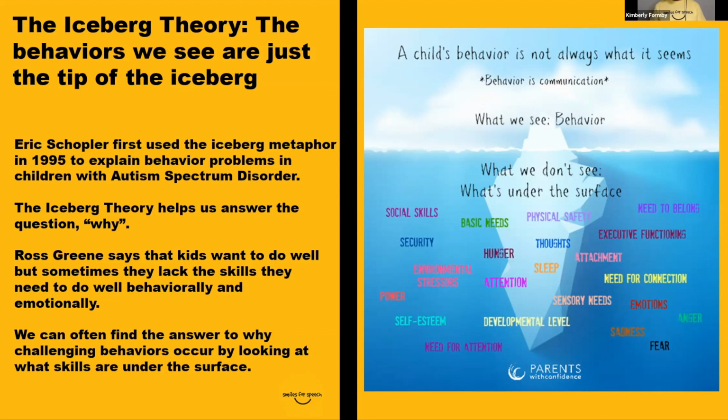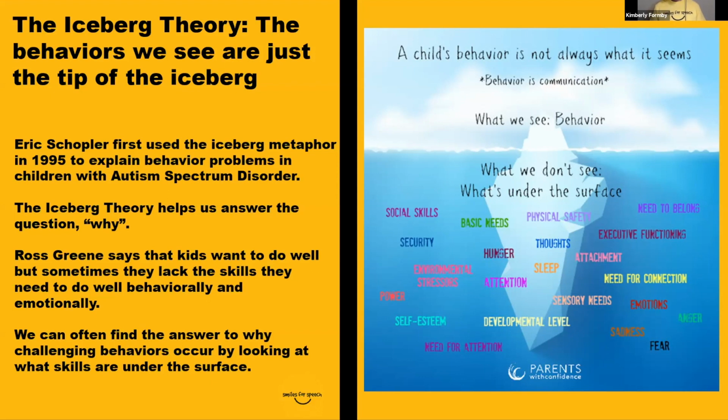But what it's not always easy to see are the things that we call under the surface of the iceberg. And what we find under the surface of the iceberg are skills that the child may be lacking and other things as well that may be contributing to and causing the behavior.